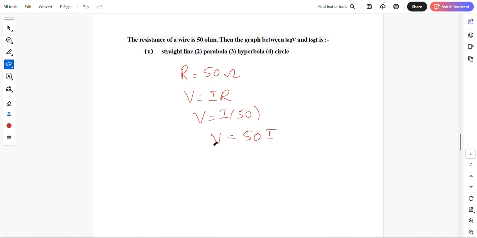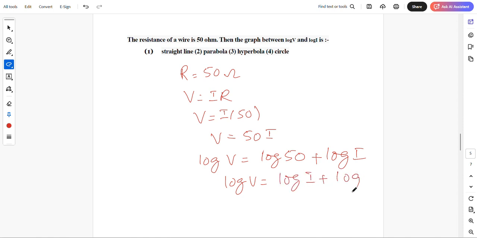Now take log on both sides. Log of V is equal to log of 50 plus log of I. So I can write this as log of V is equal to log of I plus log of 50.